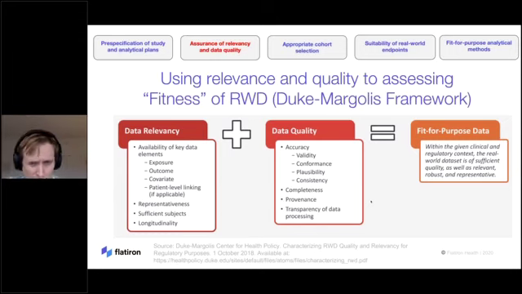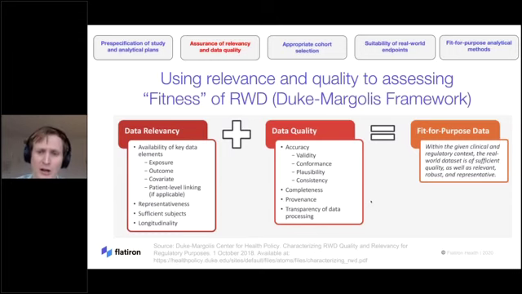As you can see, these fit into some of the other buckets we're talking about as well, but they center around the availability of data, making sure it's representative, that you have an adequate cohort size to conduct an analysis successfully, as well as adequate follow-up time. Then the accuracy, completeness, traceability, and provenance of the data, as well as transparency in how your analysis was coded, how you arrived at the cohort, and so forth.